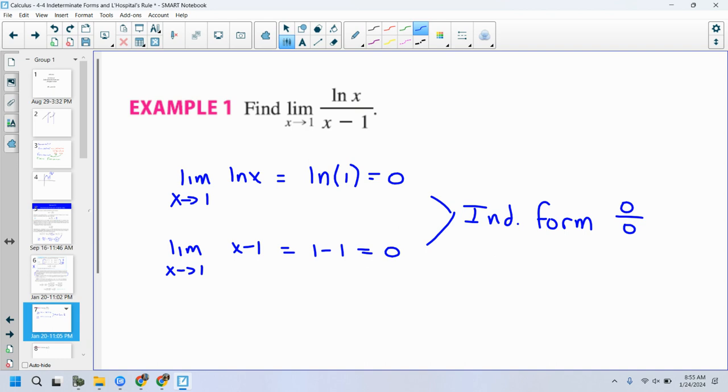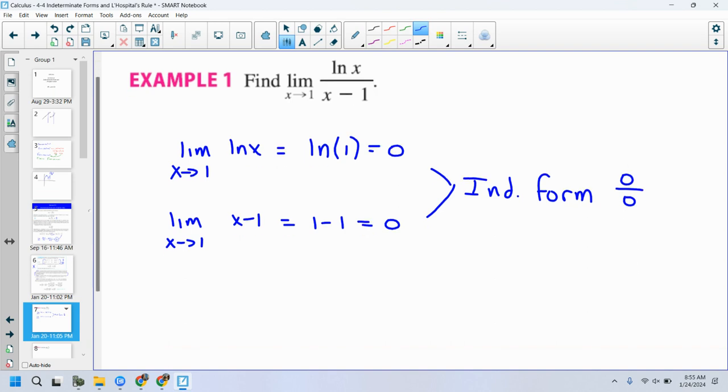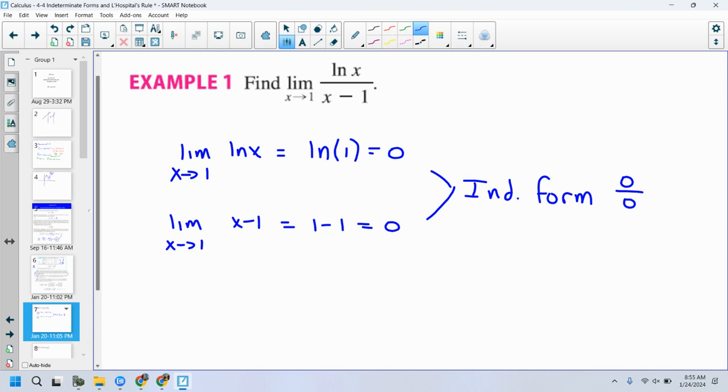This means we can do L'Hopital's rule, and it says that I can find the derivative of the numerator and the derivative of the denominator separately. Please don't confuse this with the quotient rule. I know that it is a quotient, but L'Hopital's rule breaks it apart and uses them as two separate functions. I am not using the quotient rule.